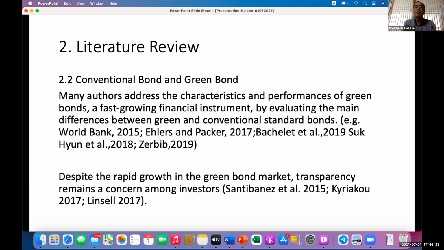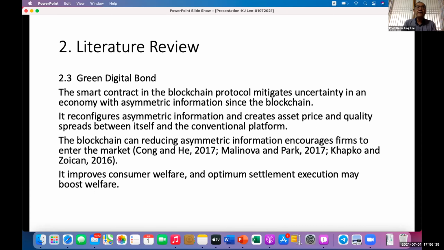The conclusion in the old papers comparing conventional bond and green bond mentioned this. Therefore, I wanted to make the green digital bond. Especially, I focus on smart contracts in the blockchain protocol to mitigate economic uncertainty with asymmetric information.